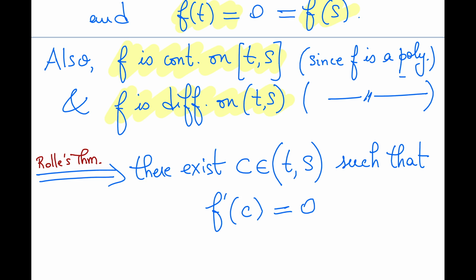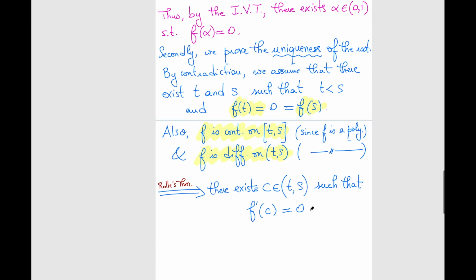Correct? This is what Rolle's theorem tells us. There exists a number c between t and s such that this happens. All right. What's f prime of c in this case?